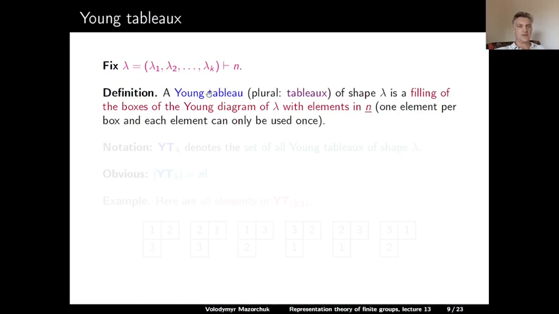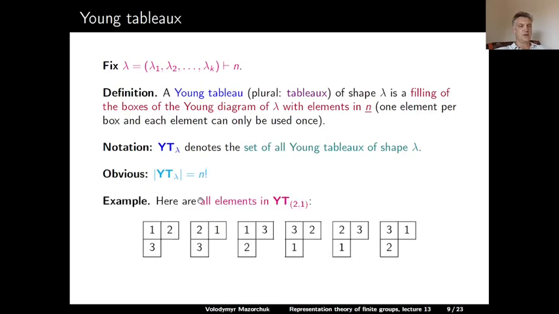Tableau is a French word, and the plural is also tableau, written with x at the end. We denote by YT sub lambda the set of all Young tableaux of shape lambda. And directly from the definition, it is obvious that the set YT lambda contains exactly n factorial elements.